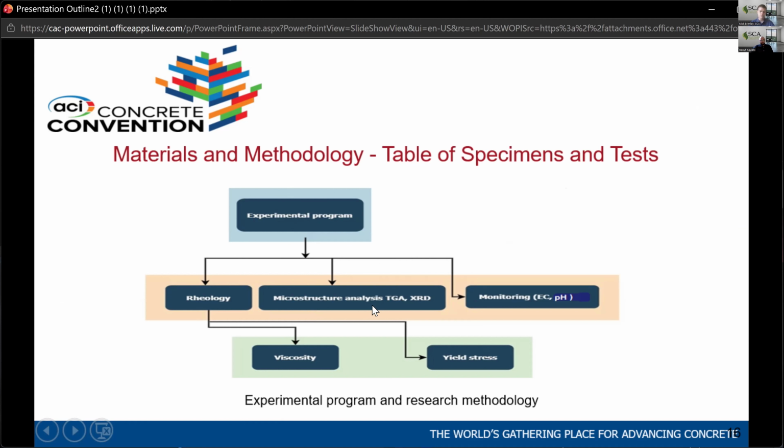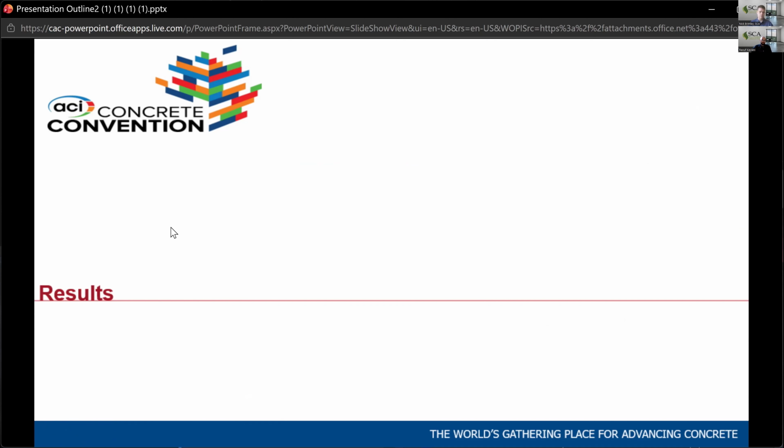I used microstructural analysis, which is TGA and XRD tests, and then monitoring, which is pH and electrical conductivity. This is all the tests I applied. You can see it in a chart. Now we're going to the results, the fun part.